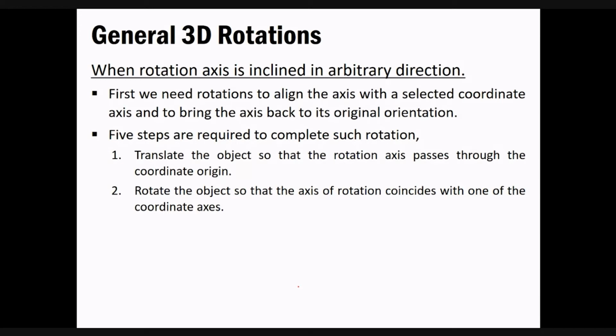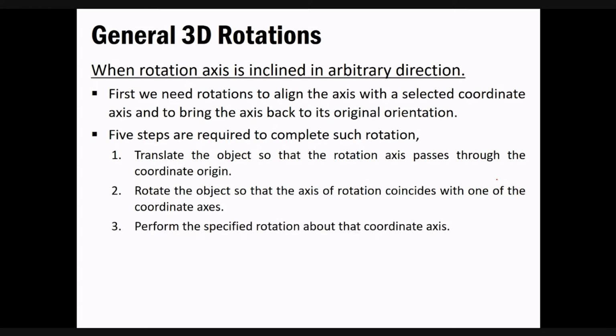So instead of taking it from a random position, we have kept it in such a position that we can get its coordinate information. Now you have to perform one more operation, the rotation operation, so that the axis of rotation coincides with one of the coordinate axes. So if you are taking it from x, you have to rotate it in such a way that it coincides with the y-axis or z-axis, whichever is given to you.